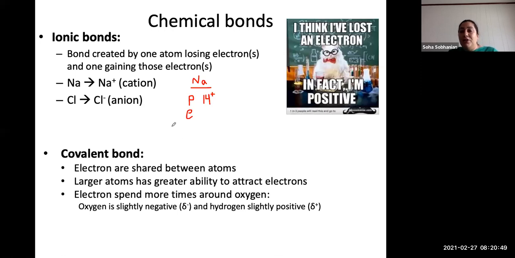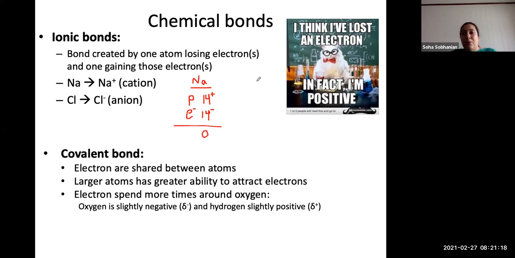The charge of an electron is negative, right? So if I have 14 positive charges in a sodium by itself, not forming any bond with anything else, it will have the same number of electrons, which is 14. So if I look at the overall charges, my positive will be canceling my negative. So the overall charge would be 0.